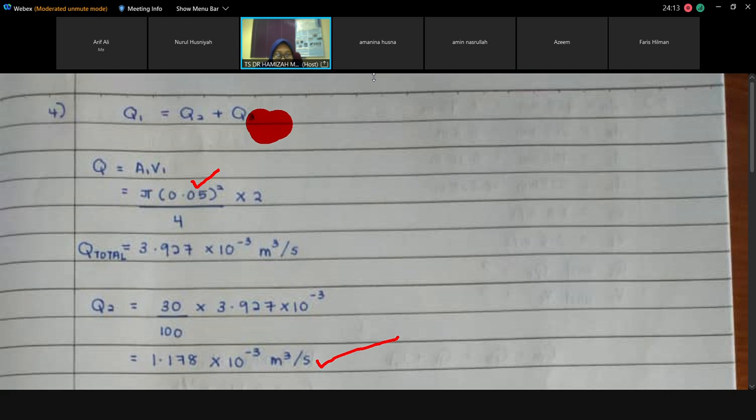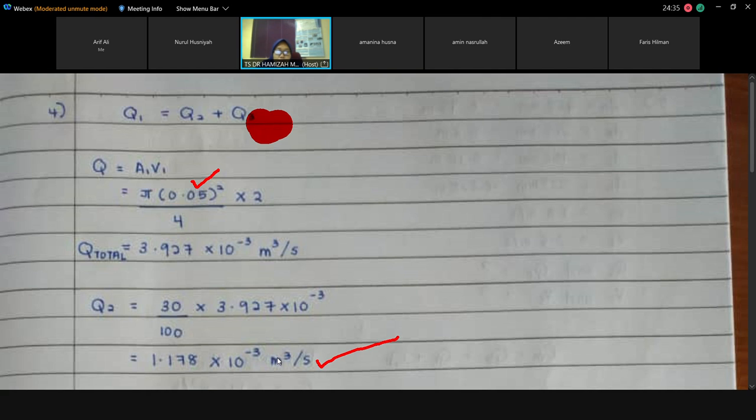Okay, of course the velocity akan jadi... kalau pipe lagi besar, what happens to velocity? Decrease. Macam tu lah you explain. The velocity will decrease after the pipe diameter is increased by 50%.